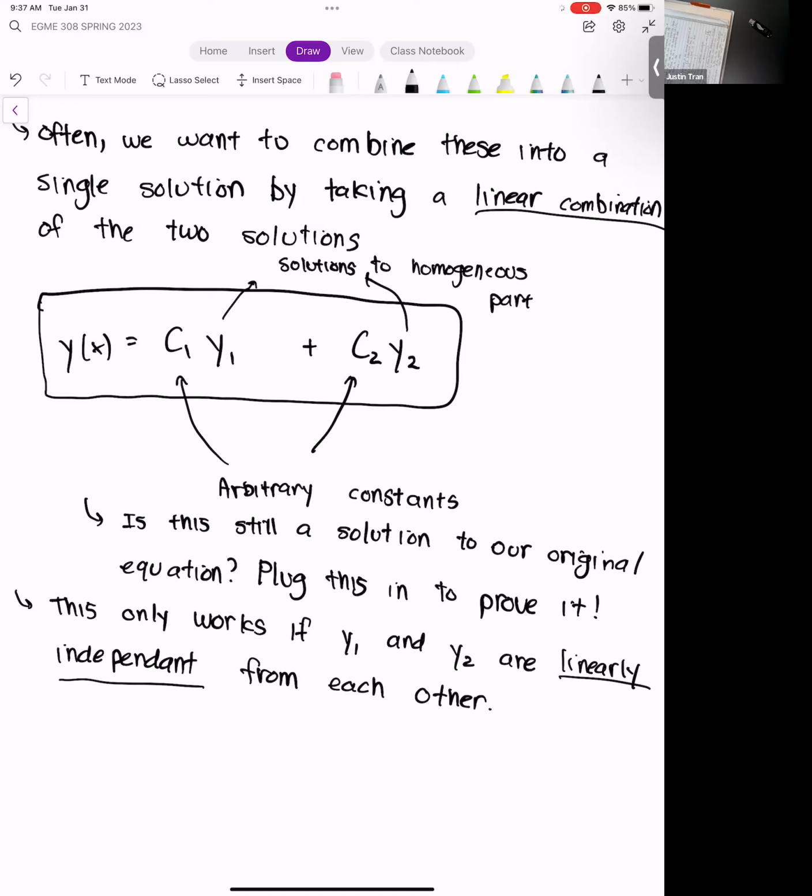That might be a term you've heard in Math 252. Linearly independent is a fancy way of saying that y1 and y2 are not proportional to each other.